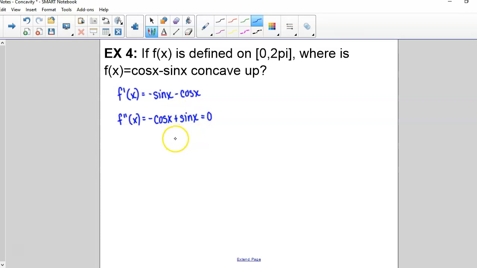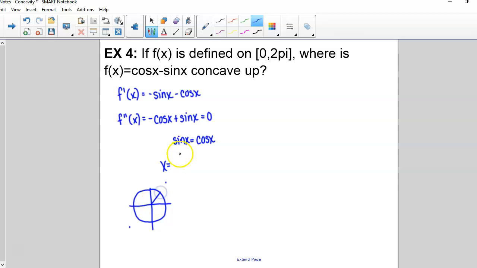So that really is just asking us where sine x equals cosine x. We move that cosine x over to the other side. And so on our unit circle, where does sine x equal cosine x? So it has to be first quadrant and third quadrant because that's where our signs are the same.